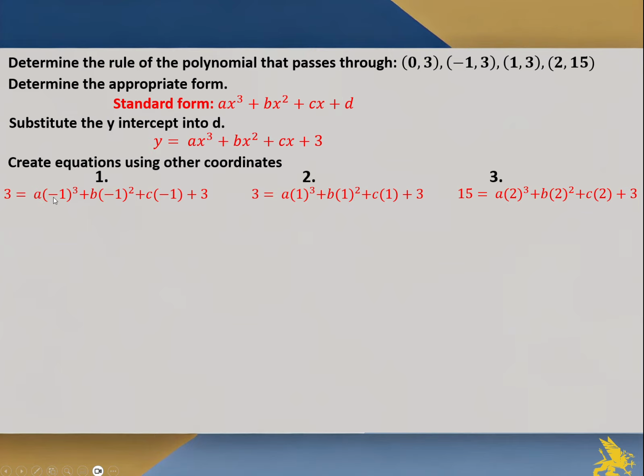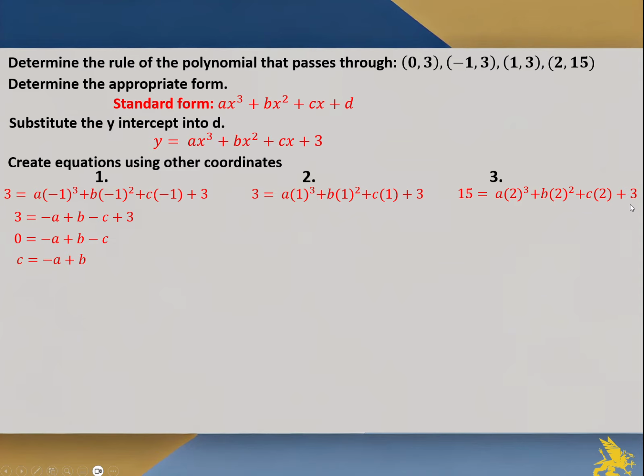This first equation will just be 3 = -a + b - c + 3. I can simplify that by getting my 3's to one side, and this will be the one I use to substitute, so I will get c by itself.